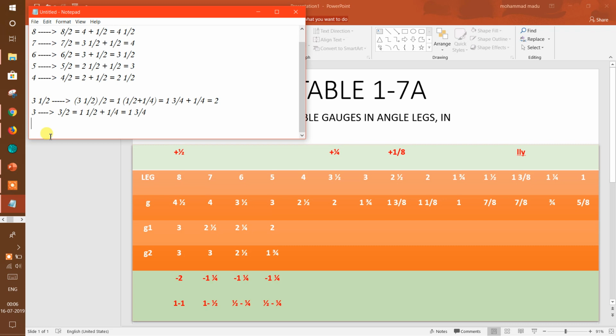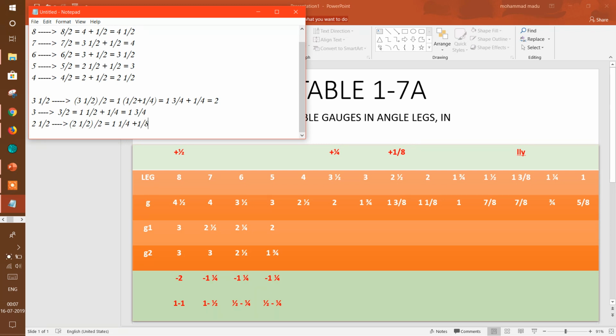Okay, and 2 1 by 2 gives rise to 2 1 by 2, that's equal to 1 by 4. We want to add 1 by 8.